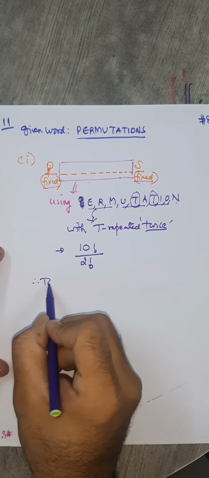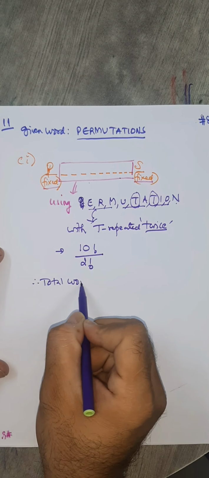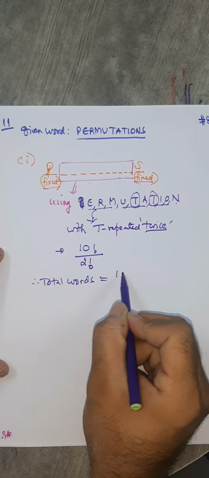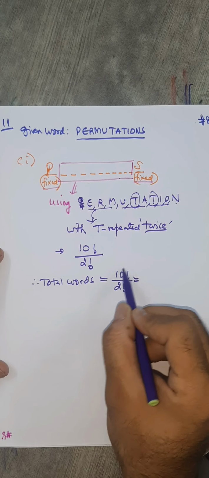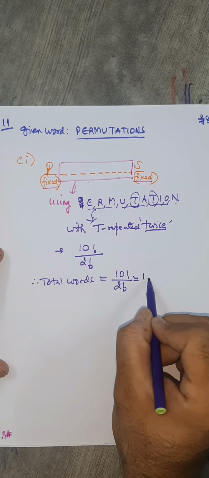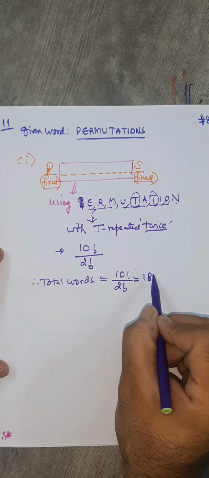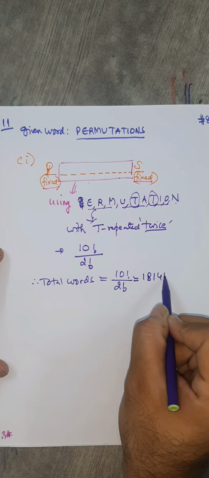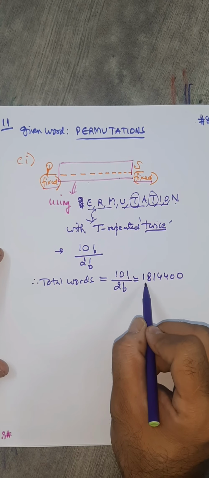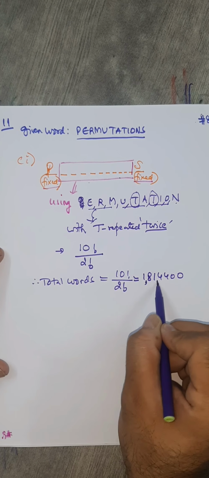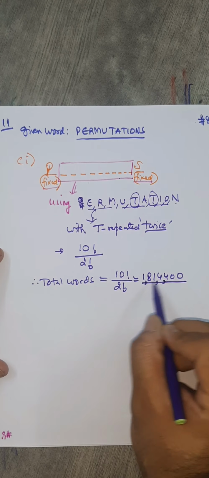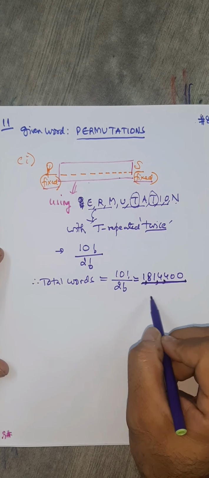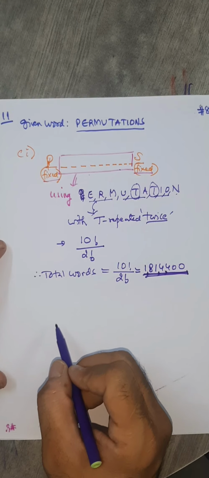So total words in this case equals 10 factorial upon 2 factorial. 10 factorial is a big number, you can find it by just multiplication. Dividing by 2, you will get 18,144,000 here, this is the required number. This many words can be formed. Remember, it's a very big number.